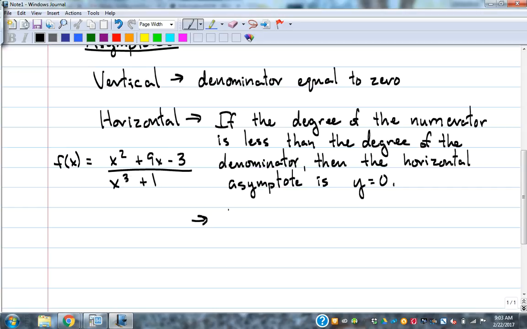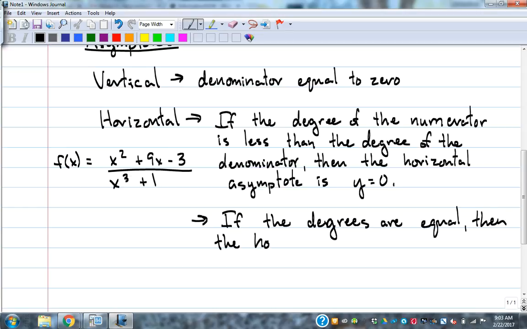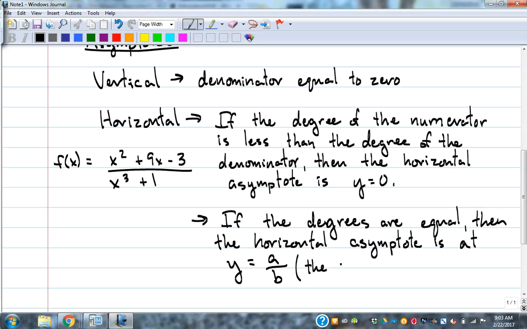Horizontal asymptote also occurs if the degrees are equal.